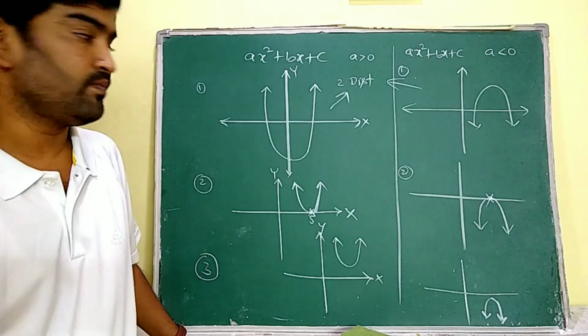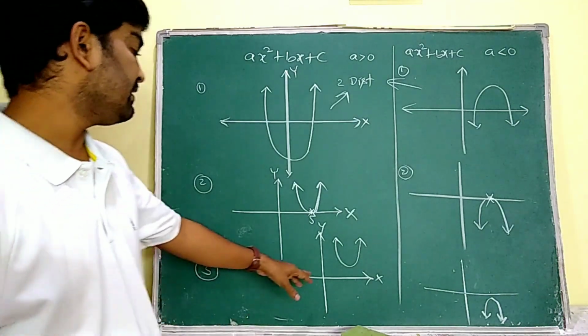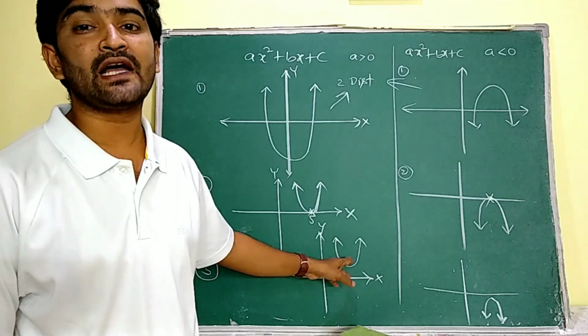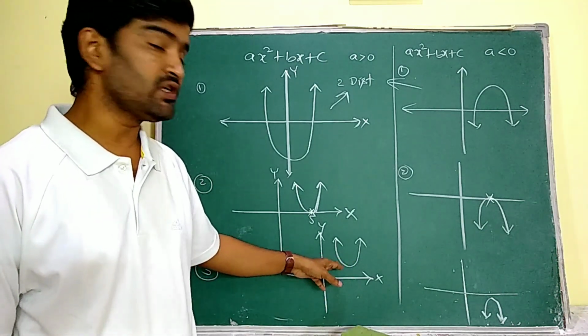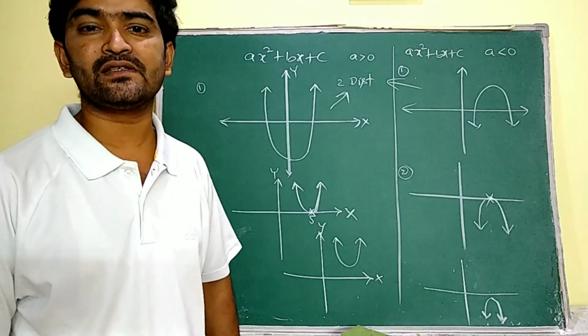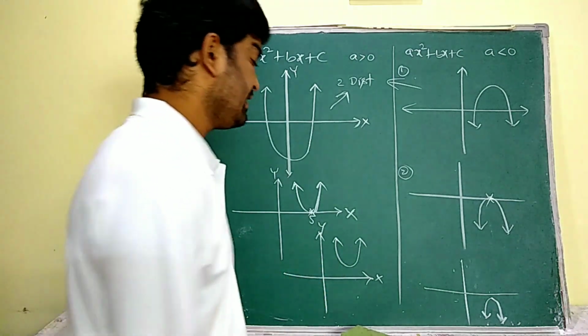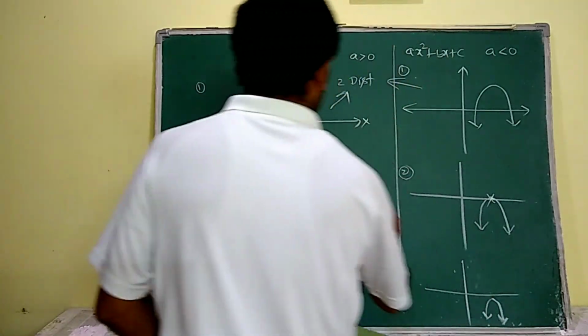That means 1 zero. Now here it does not have real zeros. As it is a quadratic equation, it has two zeros, but those are not real. If it touches the x-axis, then only it has real zeros. It does not have real zeros. Here also it does not have real zeros.